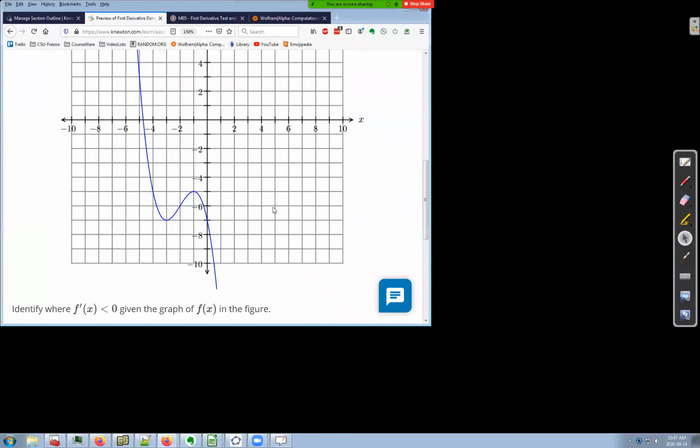So, back to this picture. In order to answer the question, where is the derivative negative, this question is the same as asking when is the original function, when is f of x decreasing?